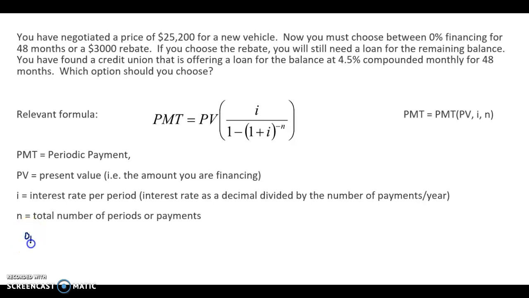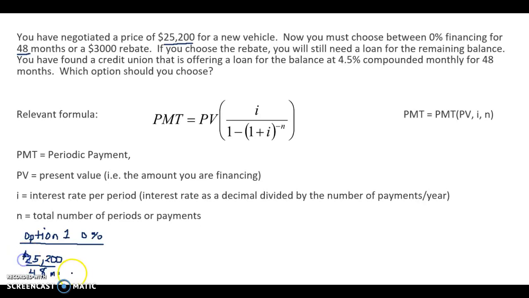Let's talk about option 1. We're going to call option 1 the 0% financing option. In option 1, we don't actually have to use the formula at all because we have no interest rate. Our financing charge is 0. So what we need is to pay the $25,200 over the course of 48 months, so we'll simply do the division.